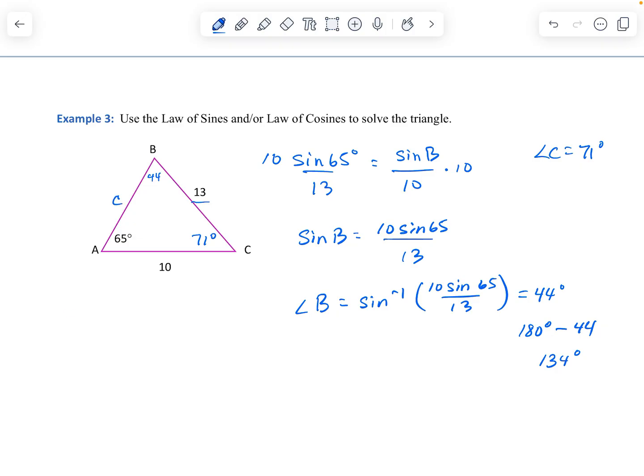So I'm going to do sine of 65 over 13 is equal to sine of 71 over little c. I am going to cross multiply and solve. Eventually, I get little c to be 13 sine 71 over sine of 65. I'll type that in.